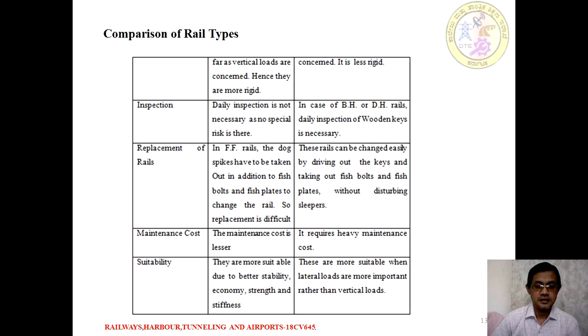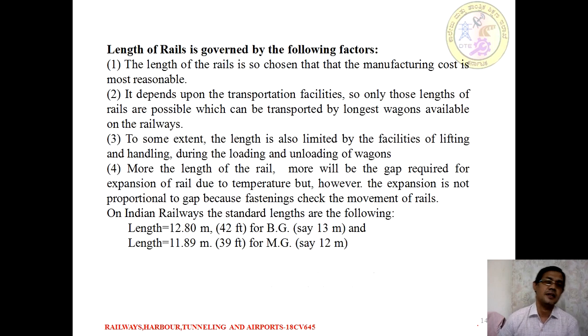For better stability, stiffness and strength, flat footed rails are good, but bull headed and double headed rails are more suitable when lateral loads are more important compared to the vertical load. So these have some advantages and disadvantages over one another as we compared.